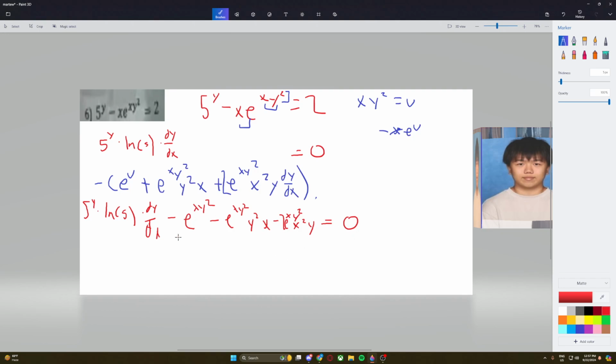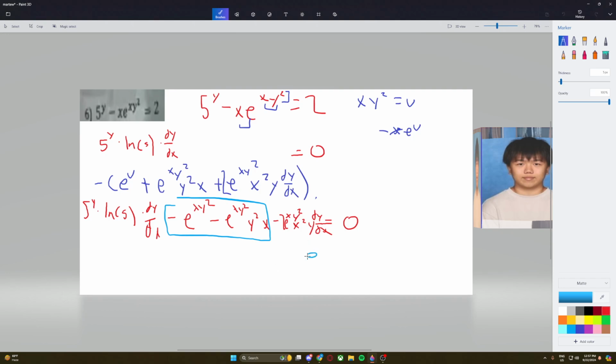Okay, so let's just move everything that doesn't have a dy/dx to the right side of the equation. Which ones are they? There's just these two. So let's move them to the other side.